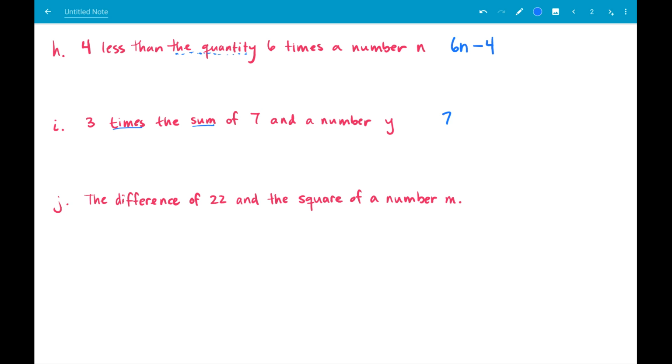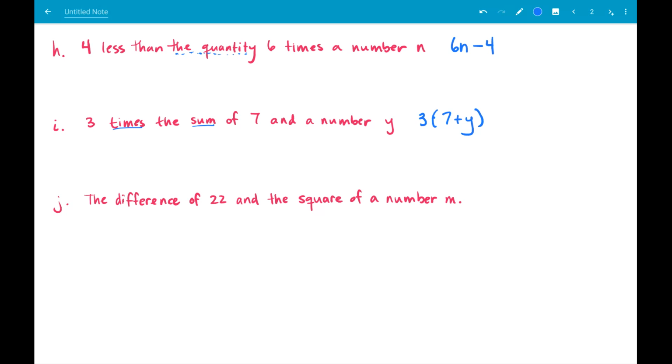So I'm going to do the sum of 7 and y. Now I want 3 times that. So if I write it without parentheses, that won't give me 3 times the sum of 7 and y. It'll give me just 3 times 7. And so in order to get 3 times the sum of 7 and y, I need to put 7 plus y in parentheses to indicate that I want 3 times the whole entire sum.